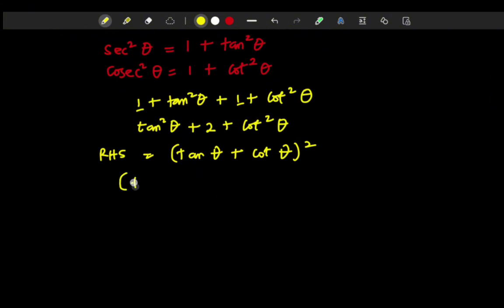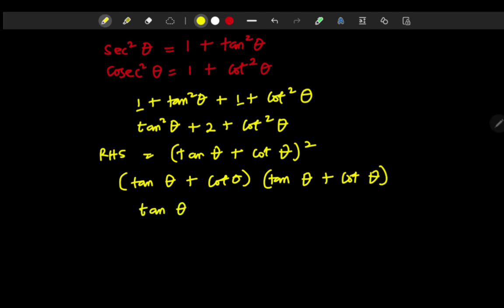If you have tan theta plus cot theta times tan theta plus cot theta, you expand this, you're going to have tan squared theta plus cot theta tan theta plus cot theta tan theta plus cot squared theta. That's tan theta times tan theta and so on.